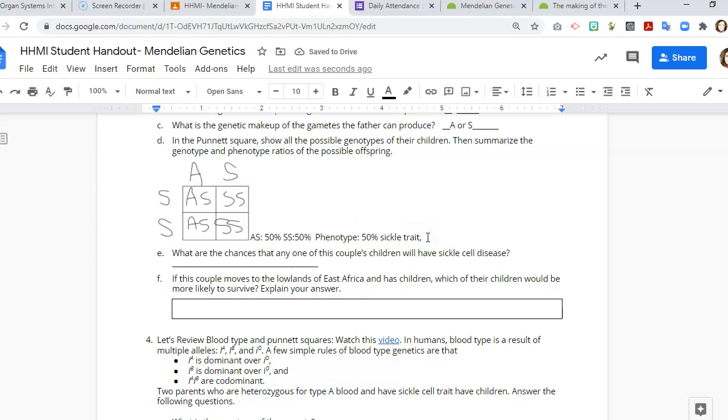And 50% will have sickle cell disease. Okay, so what are the chances that any one of these couple's children will have sickle cell disease? So you know that there are 2 here, so that should be 50%.